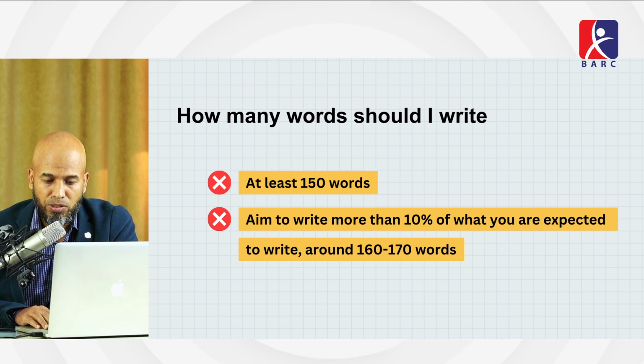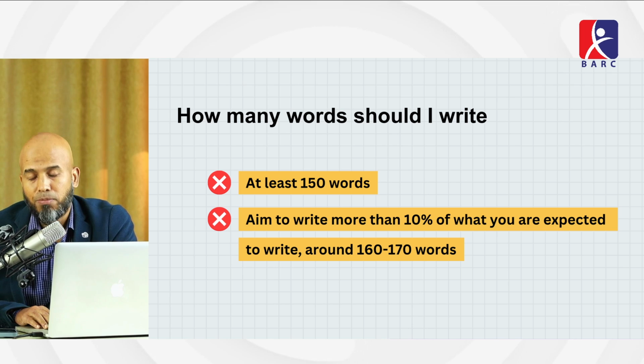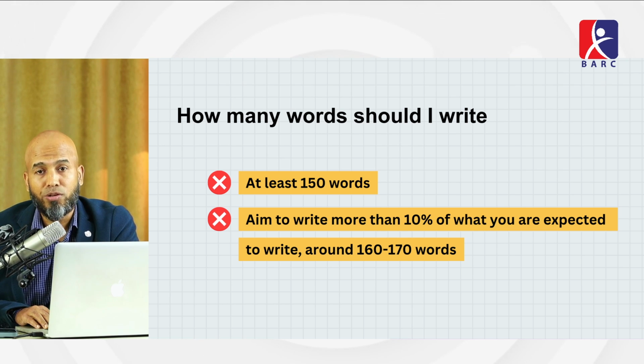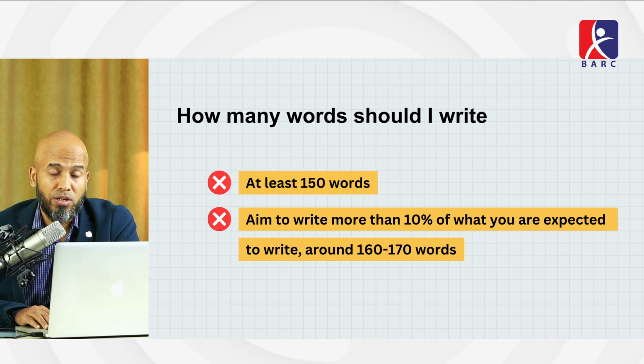Yes, so you understand this particular point, because in terms of task achievement, you get a poor score for this. So remember this particular point. At least 150 words, and aim to write more than 10% of what you are expected to write. So I would say around 160 to 170 words for your writing task 1.